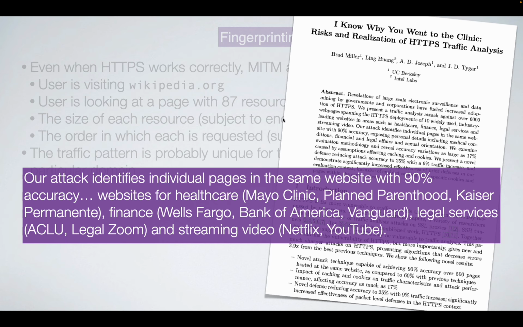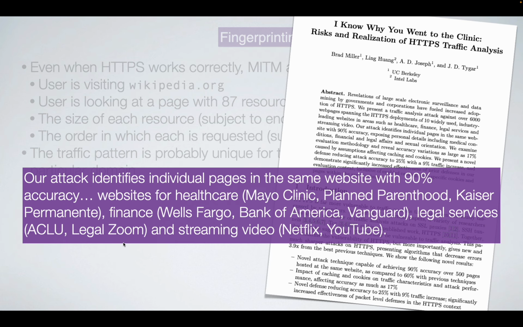Visit it first ourselves, get a fingerprint of what it looks like when you download it in terms of sizes and resources, and then observe a user go over HTTPS, and just based on matching the sizes and doing pattern matching, could we figure out what exactly they're looking at? And they found that with about 90% accuracy, they could. Okay, it wasn't perfect, it wasn't 100%, but it was good. It was like 9 out of 10 times they could tell exactly what people were looking at.